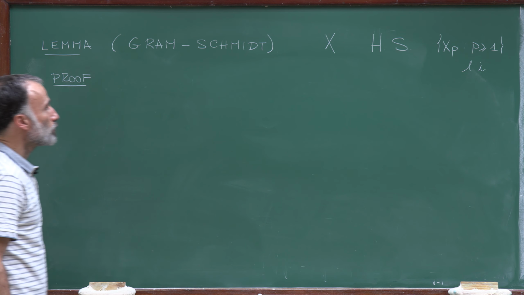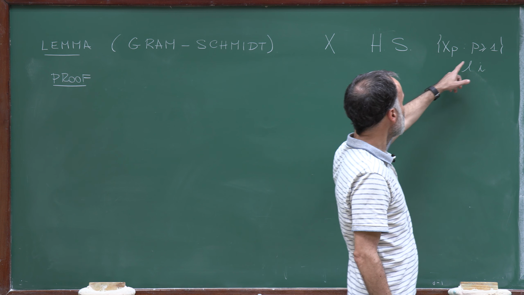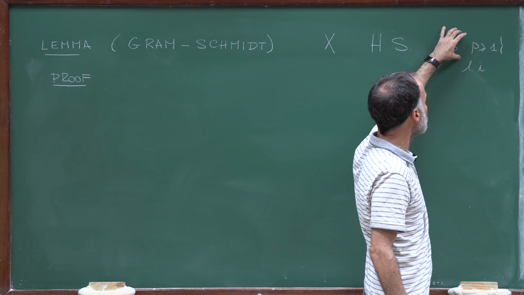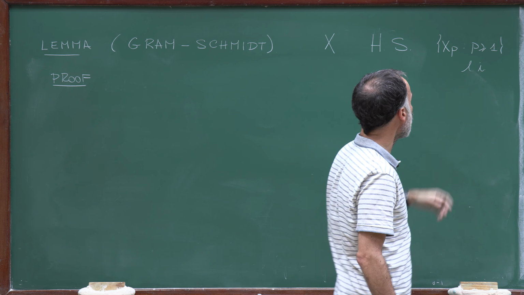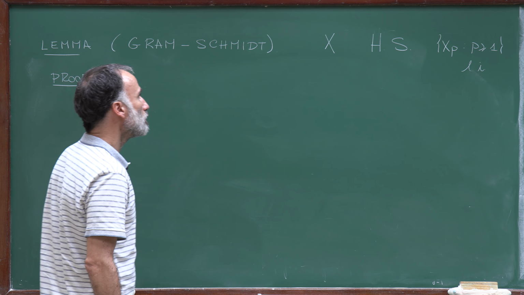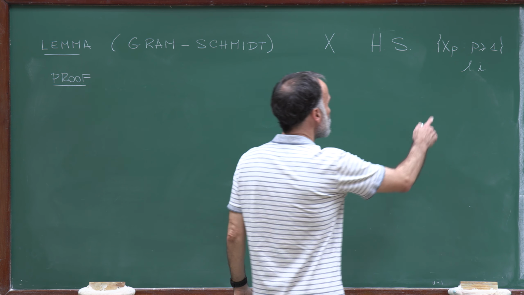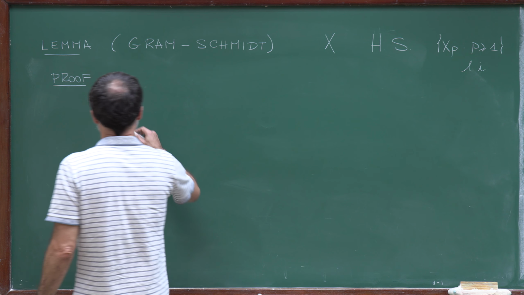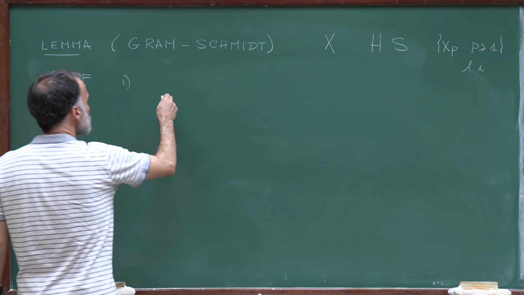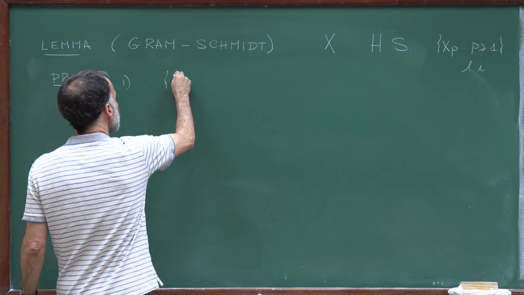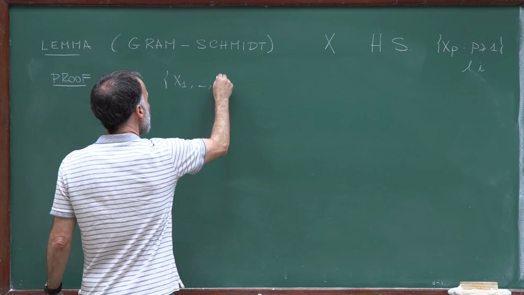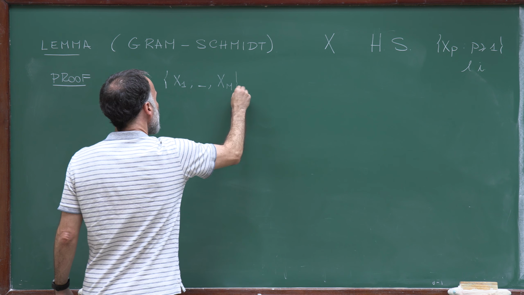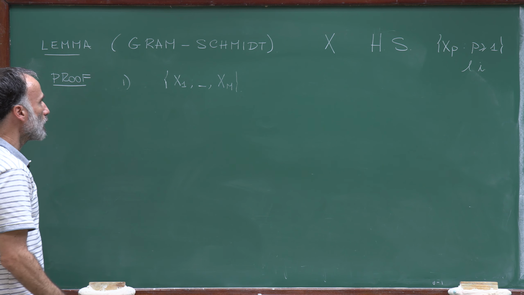So we started from a family x_p, a larger family which is either finite or countable, of linearly independent vectors. So now there are two cases. Assume that it's a finite family, so we have x1 up to x_m.